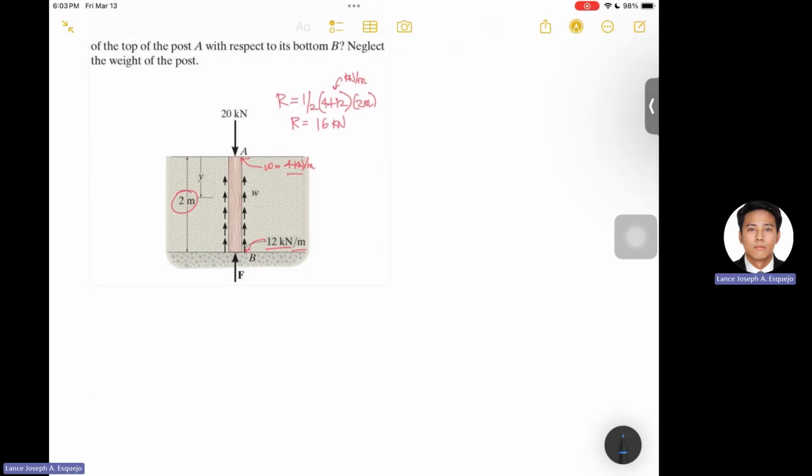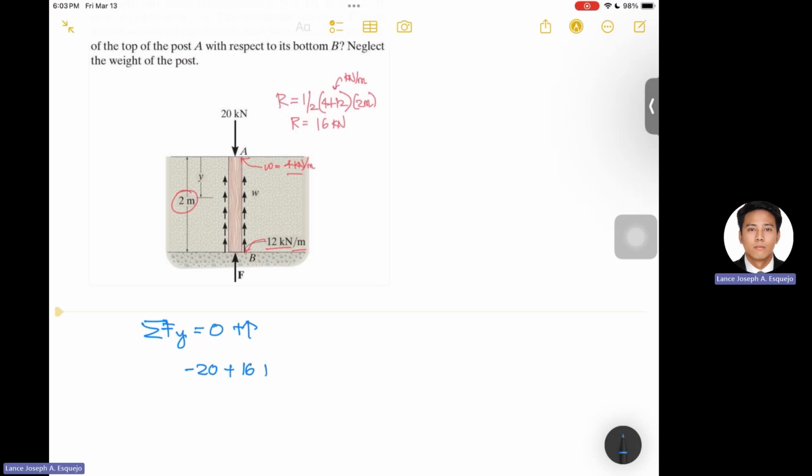So by taking a summation of forces, vertical equals 0, positive upward, we have negative 20 since it is downward. And then we have positive 16 since its resultant is upward.